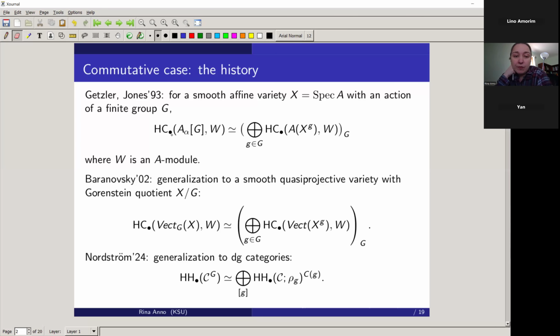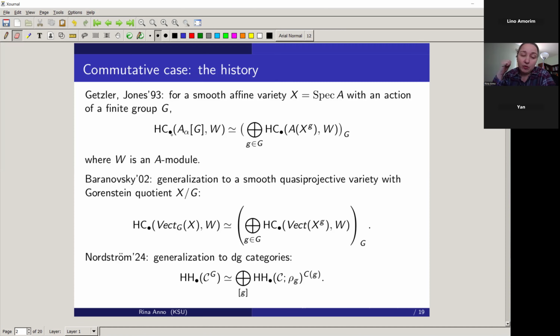Then this result can be generalized from a smooth affine variety to a smooth quasi-projective variety, where the quotient is sufficiently good.